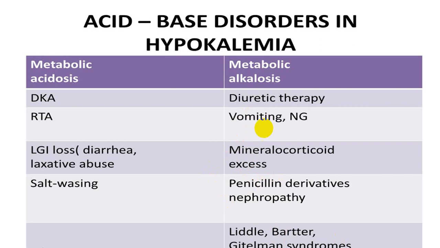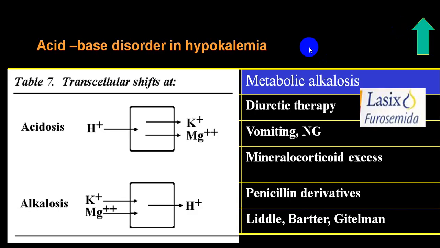In vomiting and nasogastric aspiration, you lose H ions, and in the others the H ions will be lost in the kidney. So metabolic alkalosis will be associated with furosemide, particularly diuretics, vomiting, nasogastric aspiration, mineralocorticoid excess, penicillin derivatives, Liddle's, Bartter's, and Gitelman syndrome.